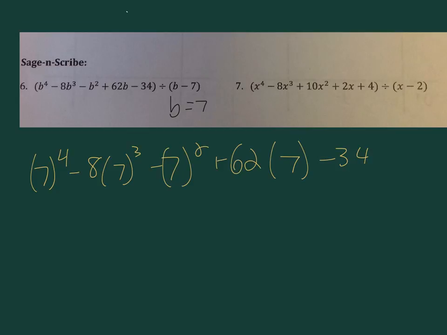We want to see what this gives us when we simplify it completely. We're hoping to get a 0, because that would mean b minus 7 is a factor. But if it's not 0, then it's not a factor. When we put all this in, we get 8, which means that unfortunately this is not a factor.